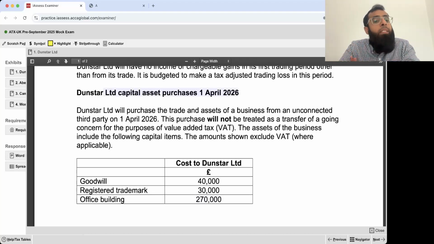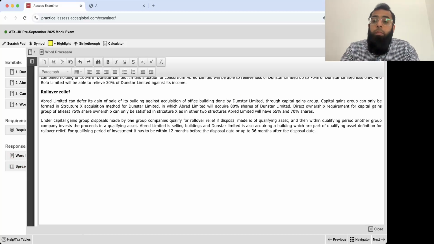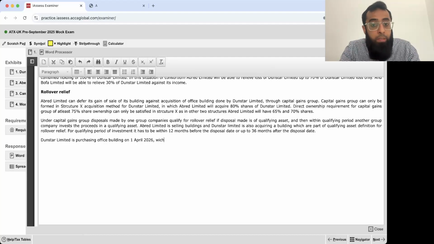So let's make this the benchmark. Pick one date, either of sale or of reinvestment, so that it's easier to comment. Now Dunster Limited is purchasing an office building on 1st April 2026, which will be considered as a reinvestment made for rollover relief.